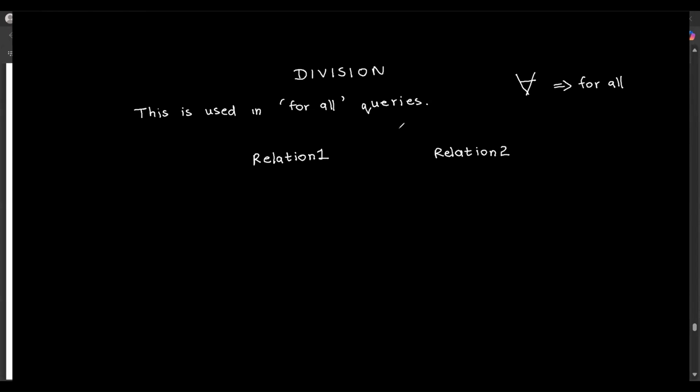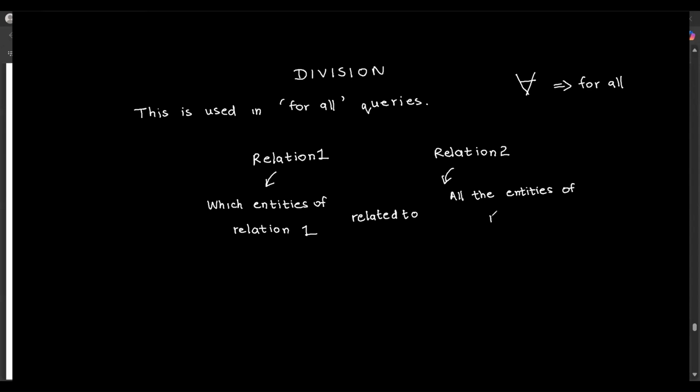If these two are related with each other, we can come to a conclusion about which entities of relation 1 are related to all the entities of relation 2.